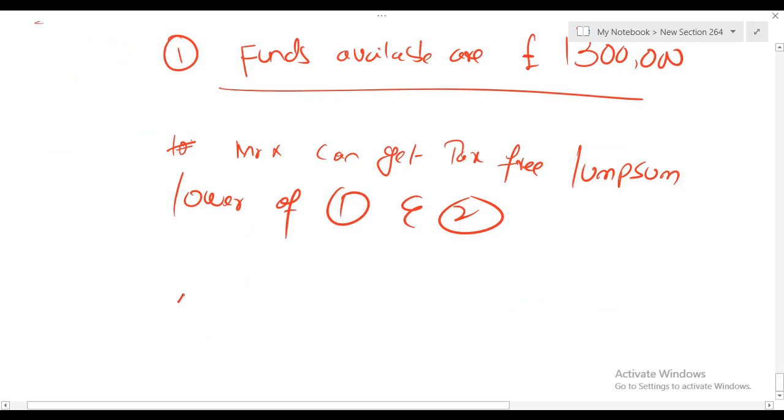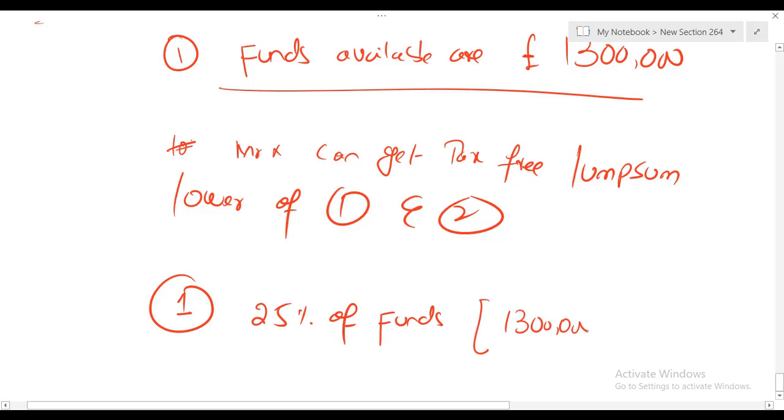So value number 1 is 25% of funds available. This time we have funds of 1.3 million. Let me just take 25% of this just to show you, even though we know that 25% of available funds is going to be higher than 25% of lifetime allowance. It comes to 325,000.